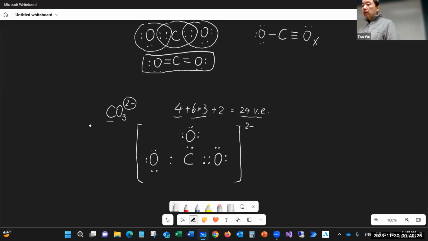That means this has 1 double bond and 2 single bonds, and then you have the -2 charge.